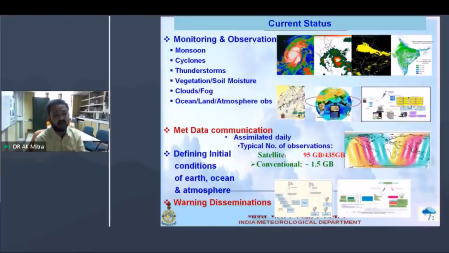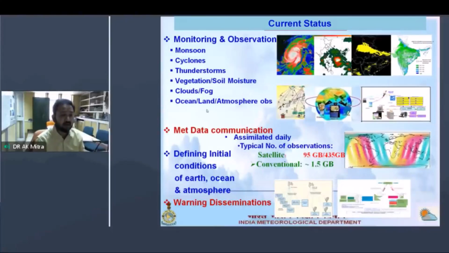So now we have the capacity to assimilate this data for weather forecasting. Satellite data is most important, and the voluminous data from the satellite helps us to predict the weather well, because it also helps us define the initial condition of the Earth, ocean and atmosphere. And then finally, if you see the graph, there is dissemination, which is the most important.